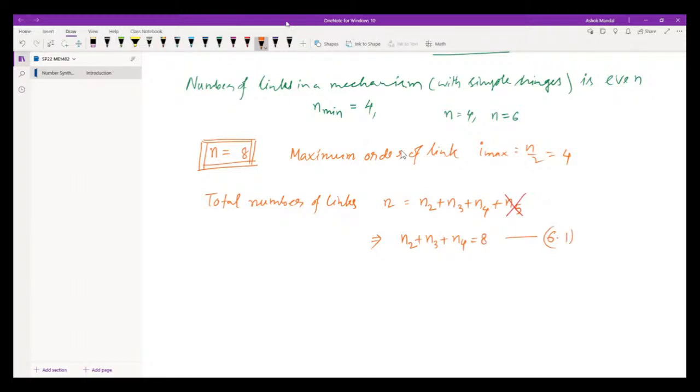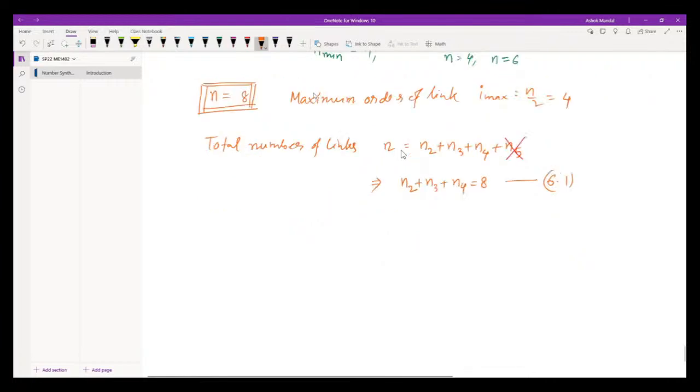Okay, now from Grubler's criteria, we will now use Grubler's criteria. You know that 2j is equals to, what is the formula? 3n minus 4.